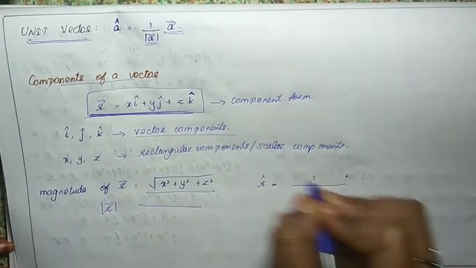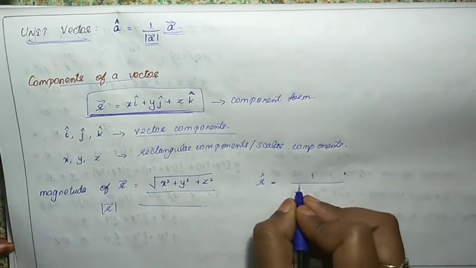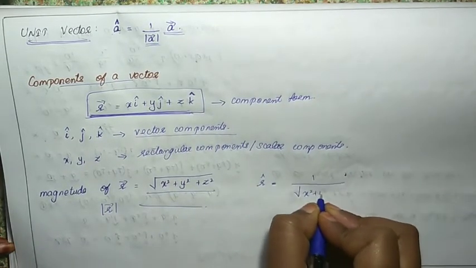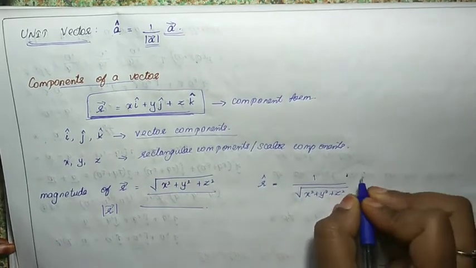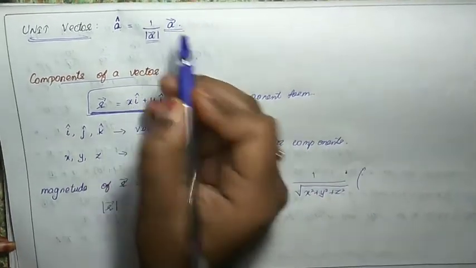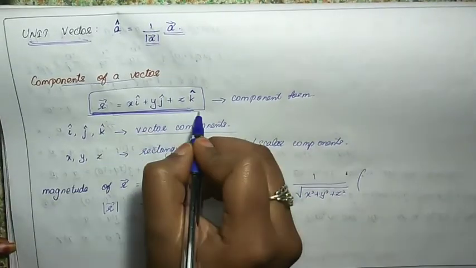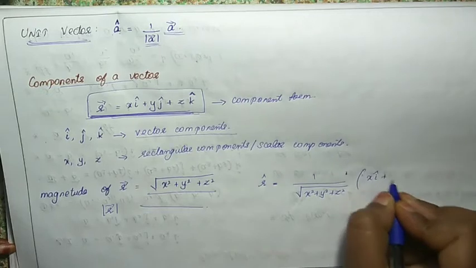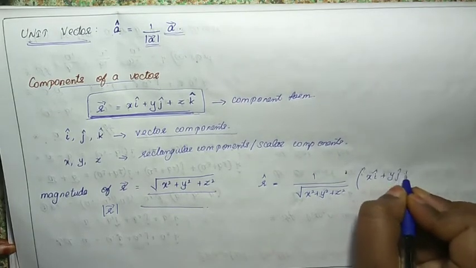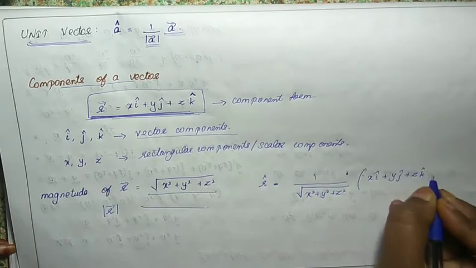So 1 by mod of r vector will be root of x square plus y square plus z square, next the vector r fully I can just write here: xi cap plus yj cap plus zk cap.